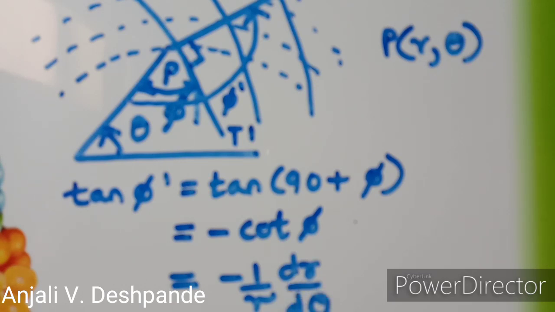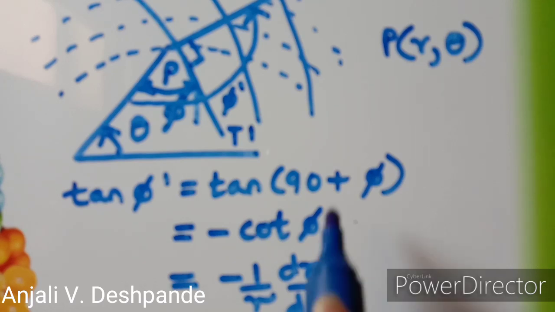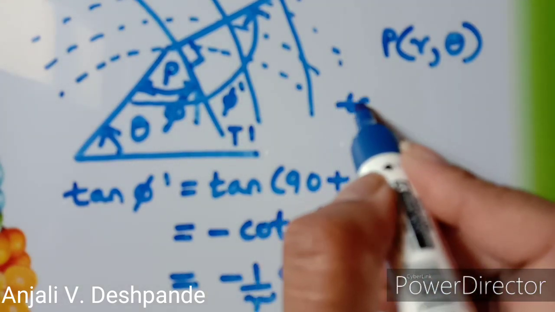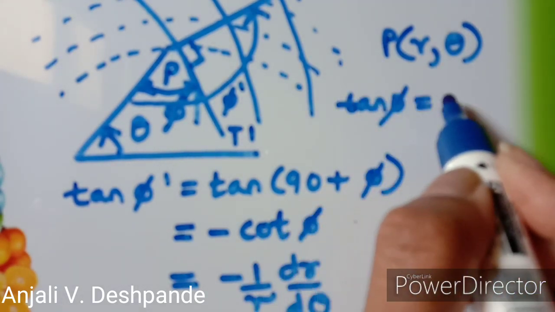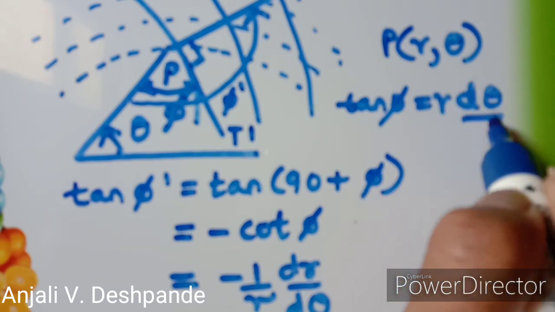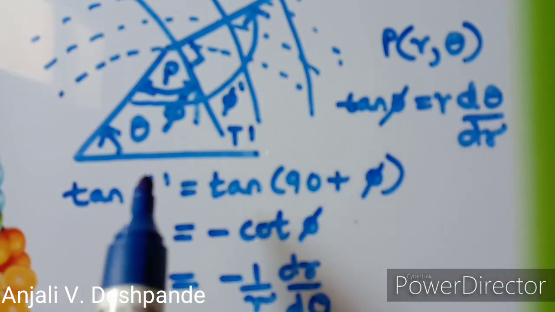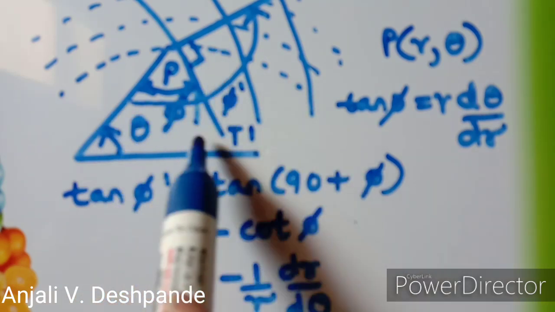Why is this dr by d theta? That is because tan of phi is given by r d theta by dr. This is basic trigonometry that we are using over here.